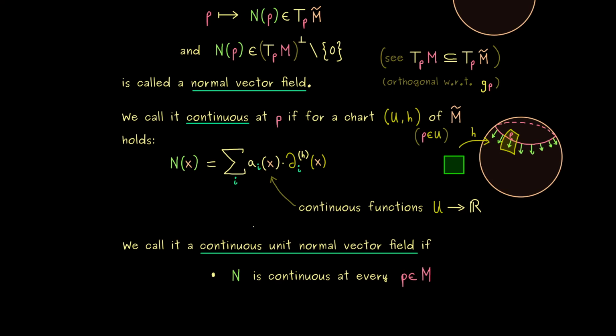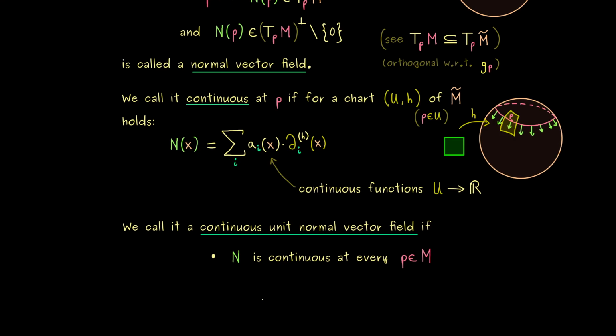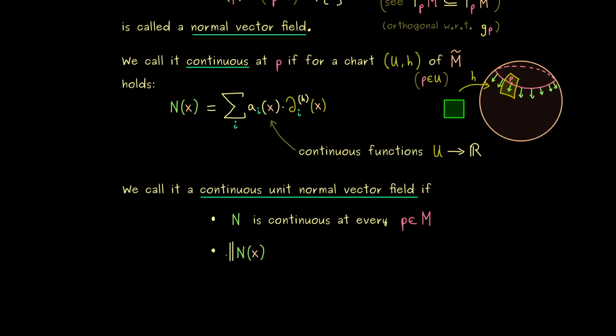And now the second point is that the length of n is exactly 1. Obviously, we could just denote the length of n with the norm symbol, but then the question remains, which norm do we take here? And of course, since we work in a Riemannian manifold, there's only one sensible choice. It should be the square root of the inner product given as g_x.